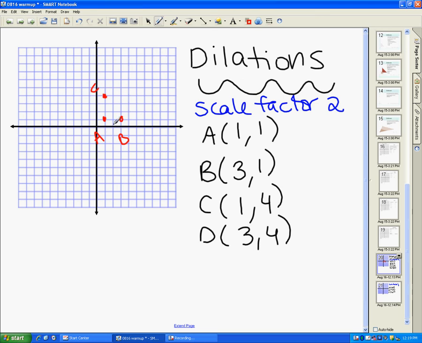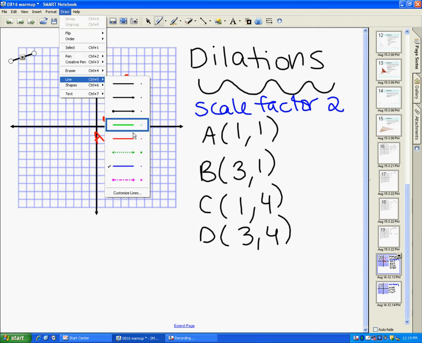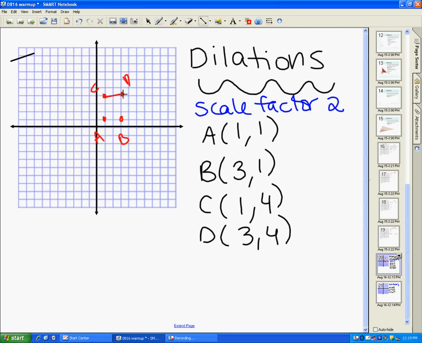And then I've got D, which is at 3, 4. And so I'm going to connect my dots. Notice my points are labeled. Alright, so I've graphed rectangle ABCD.